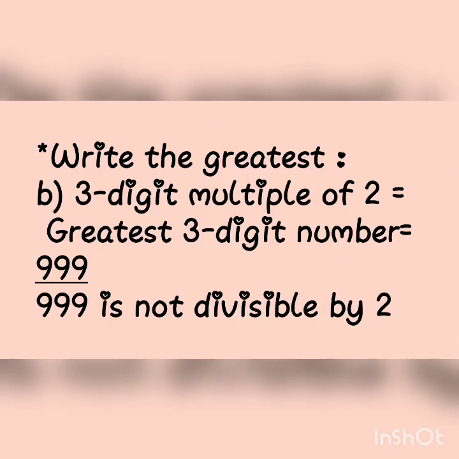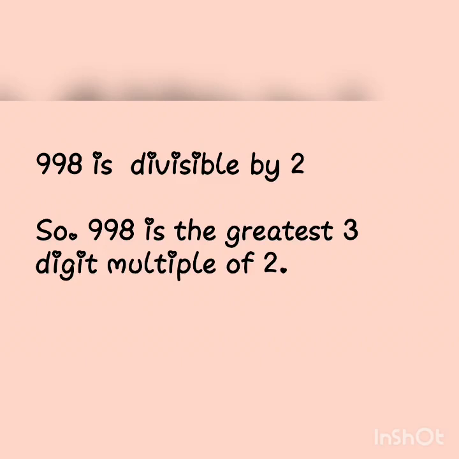Is this divisible by 2? Yes, 998 is divisible by 2 because it has 8 in its ones place, which is an even number. So 998 is the multiple of 2 and we got 998 is the greatest 3-digit multiple of 2.